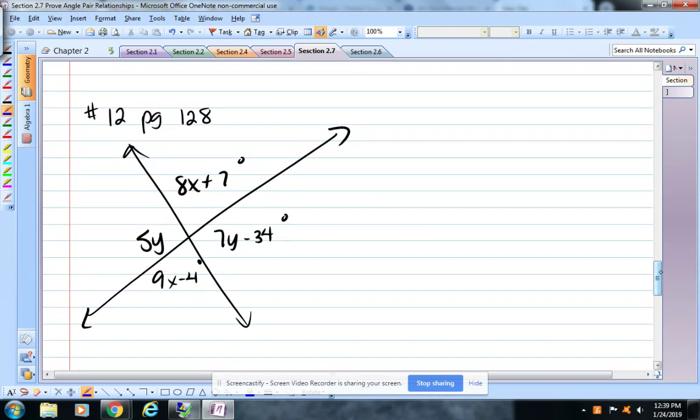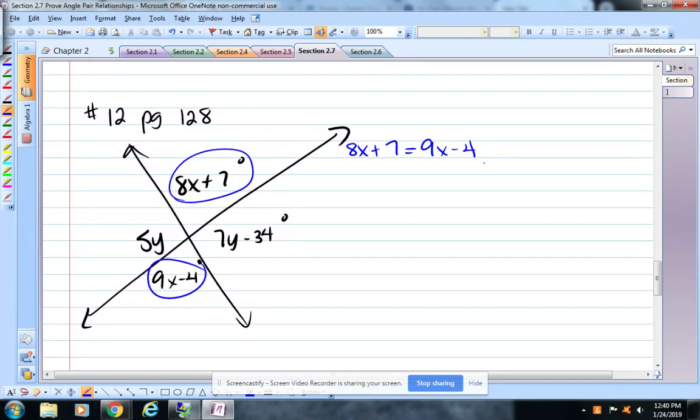So the last example I want to show you real quick in this lesson is how to solve equations using vertical angles. Now, since we know that vertical angles are congruent, we can set their measures equal to each other. So, for example, if I want to find x, I look for the angles that have x's in them, and that would be this one and this one. Well, those two are vertical angles. So I can say 8x plus 7 equals 9x minus 4.